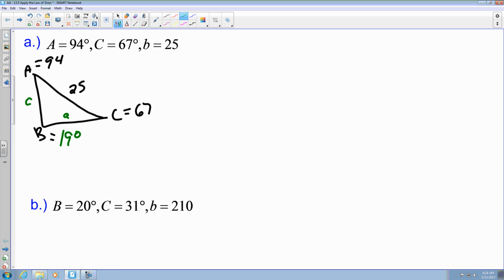So it's a proportion. So I can take the sine of 94, because that's my A, divided by small a, will equal sine of 19, which is B, over the value of b, which is 25.